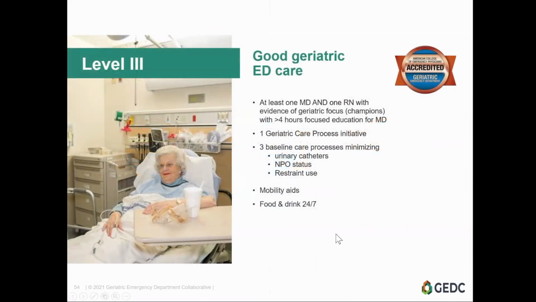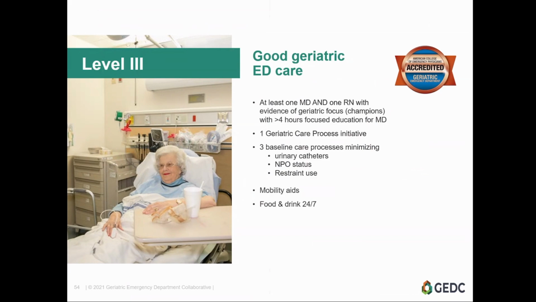So a level 3 or bronze level geriatric ED is recognition of an emergency department that provides good geriatric ED care. You have to have at least one physician and one nurse champion that have some training around geriatric emergency care. For the physician, it's 4 hours of geriatric specific emergency care education.